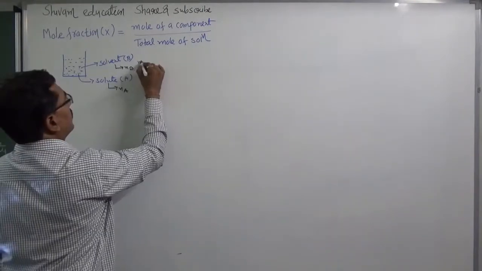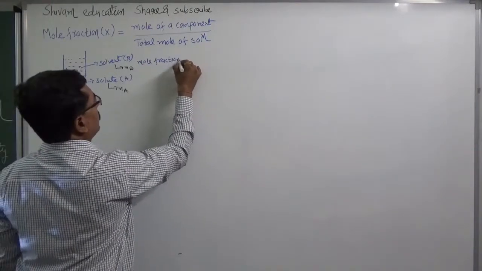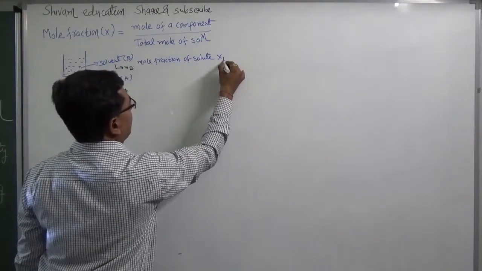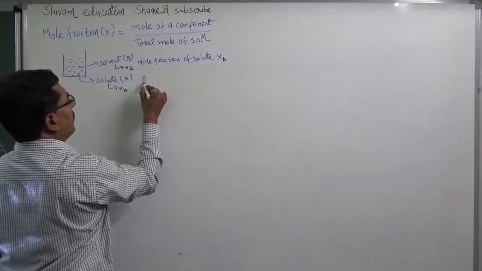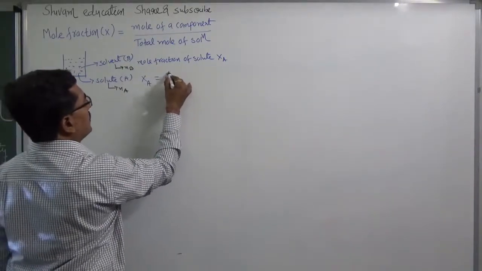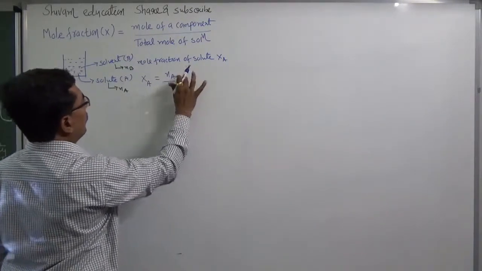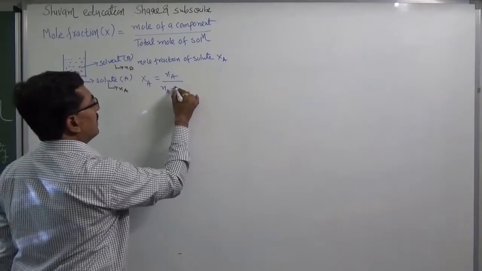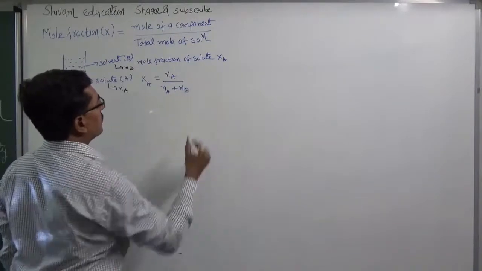Suppose the mole fraction of solute is Xa, then Xa can be obtained by this formula: Xa will be Na, the mole of solute, divided by the total mole of solution, which is Na plus Nb.